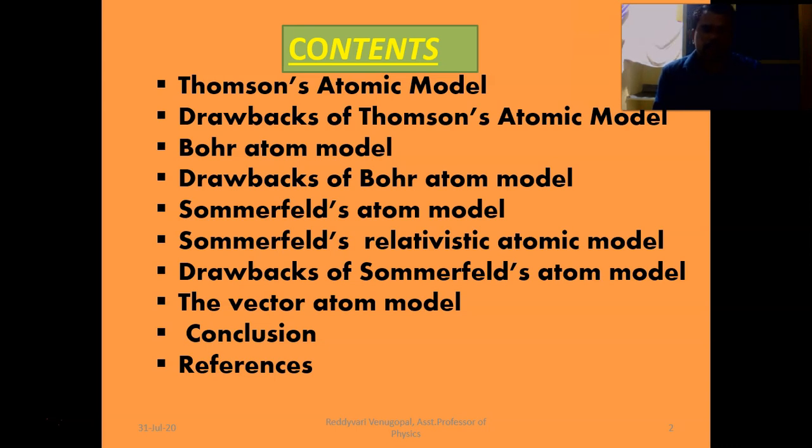That's why relativity comes into the picture. By taking care of that velocity of the electron, Sommerfeld derived a model called the Sommerfeld relativistic atomic model. Then we discuss the drawbacks of Sommerfeld's atomic model, and finally the vector atom model.